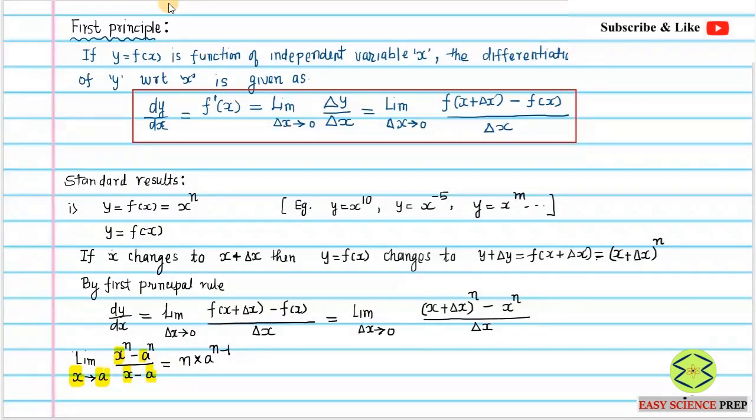Since delta x tends to 0, we can add x on both sides. So that would give you x plus delta x tends to x. If you look here, this is x for instance, and this is a similar kind of thing.